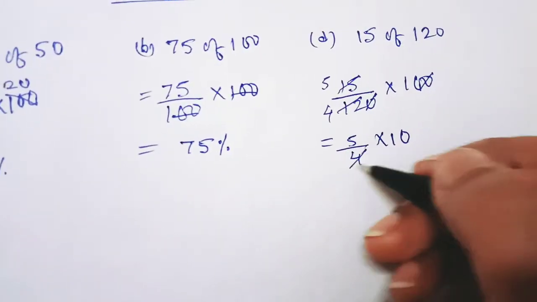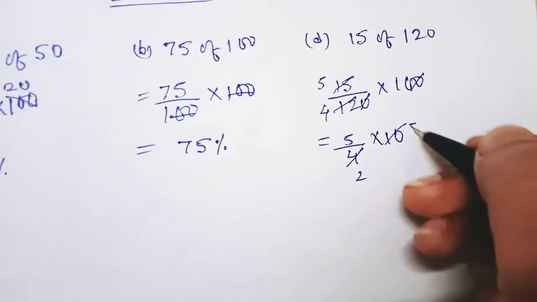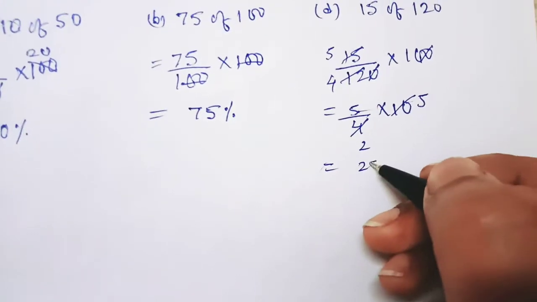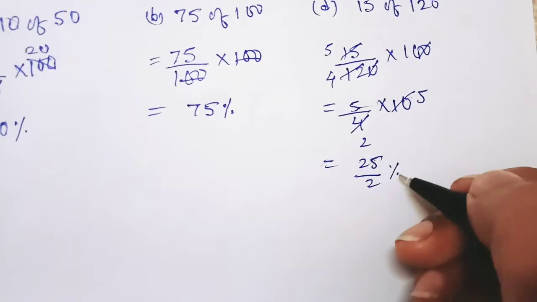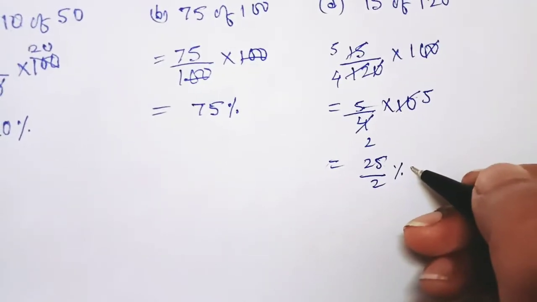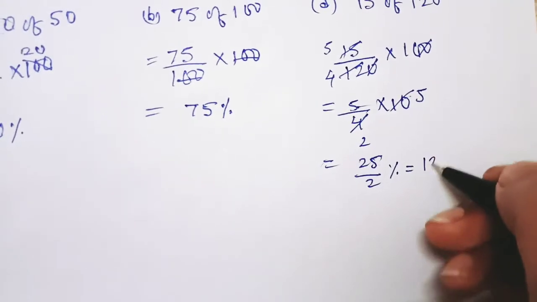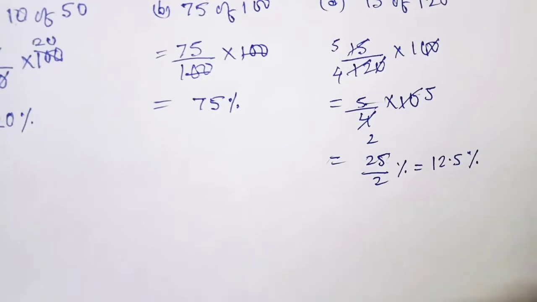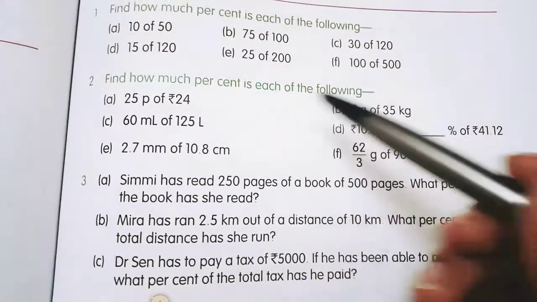Now it is going by 2, so 2 4s are 8... 2 5s are 10. Now 5 5s are 25, it is 2, so 25 by 2%. Understood? And when you convert it into decimal, 25 by 2 is written as 12.5, so it is 12.5%. In this way. So the next question you do in homework.